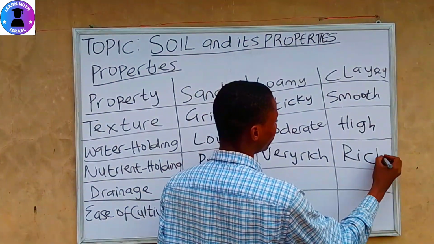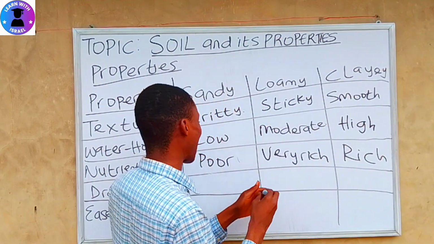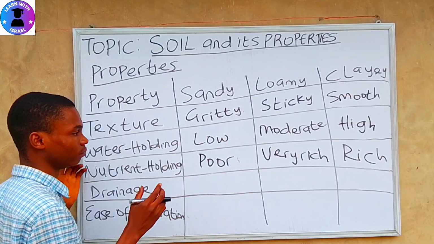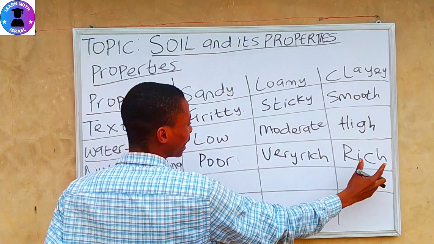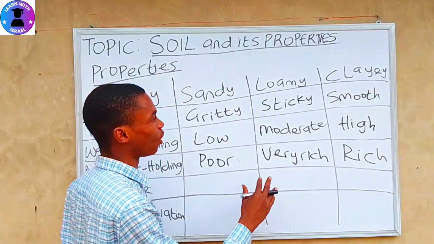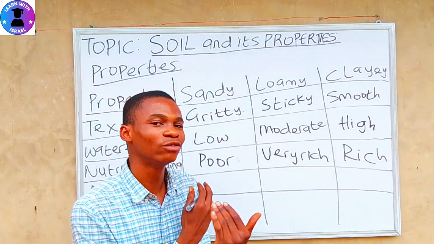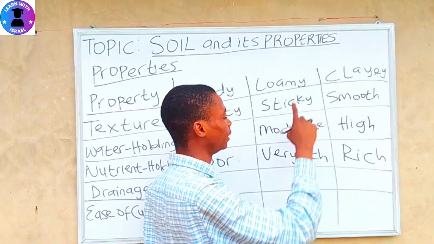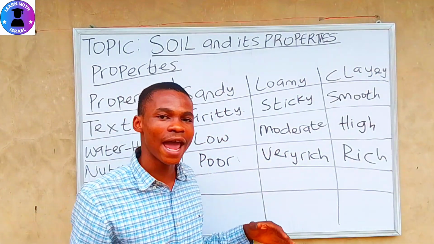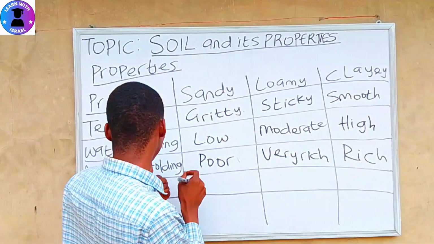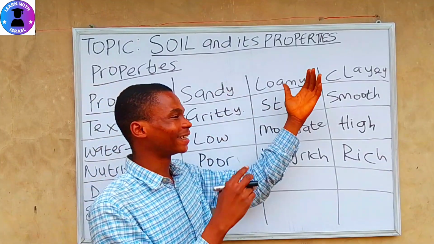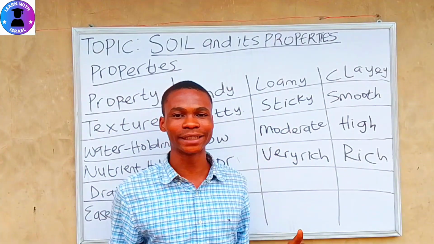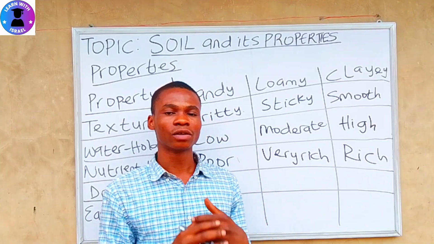Clayey can retain nutrients for long. That is why it says rich. But the one that can retain nutrients the most between sandy, loamy, and clayey soil is loamy soil. It is very rich. It can retain nutrients more than clayey and sandy soil. And that is why loamy soil is the best for planting crops.